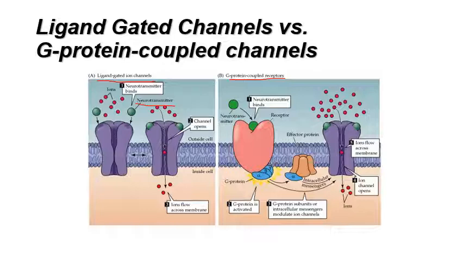In this case, with chemically gated ion channels, a neurotransmitter gets released from the presynaptic cell, and you can see these channels are closed. Then you get binding of the neurotransmitter, and that causes the opening of the channel. Now, if this was sodium, sodium would rush in and cause the cell to get depolarized.